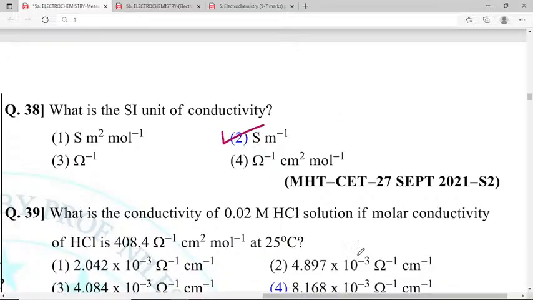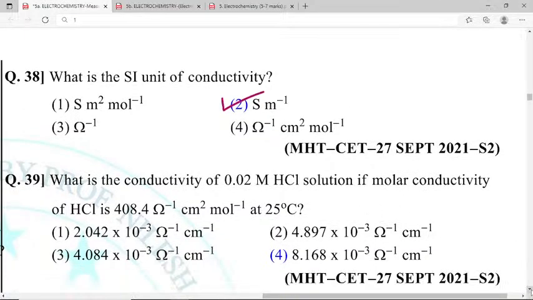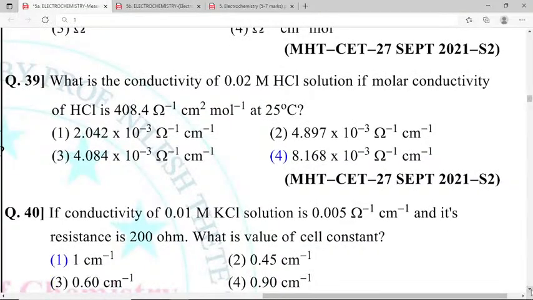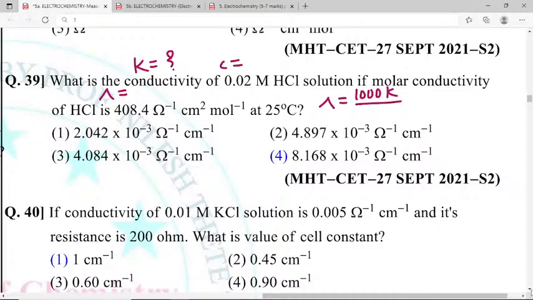What is the conductivity of 0.02 molar HCl solution? Conductivity K we have to calculate. Concentration is given. Molar conductivity is also given. So what is the formula? Molar conductivity is equal to 1000 K by C. Modify the formula for K. K is equal to lambda into C divided by 1000.